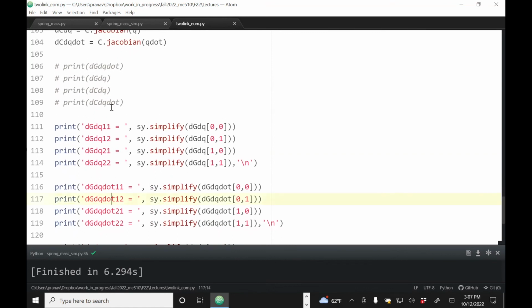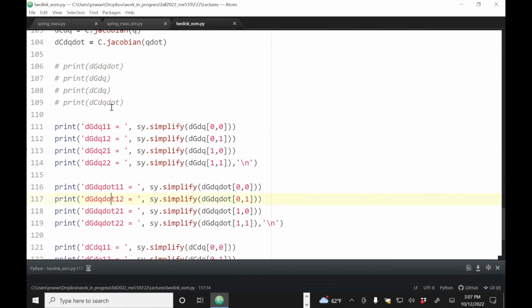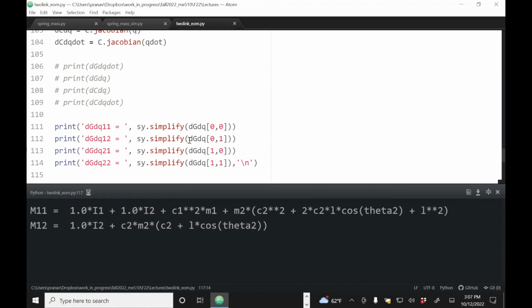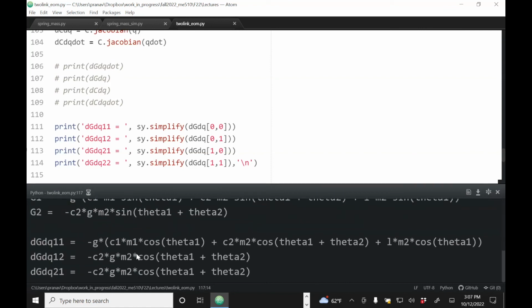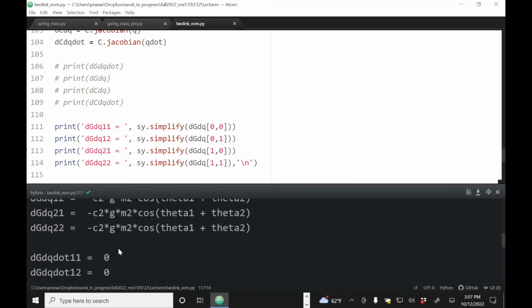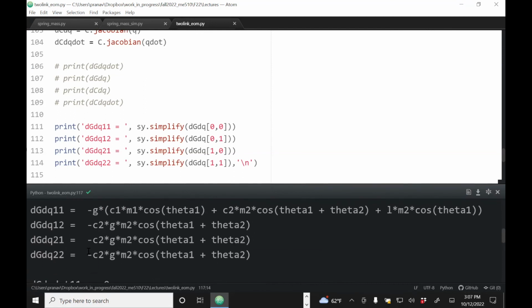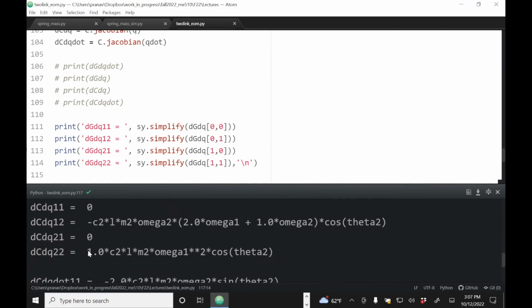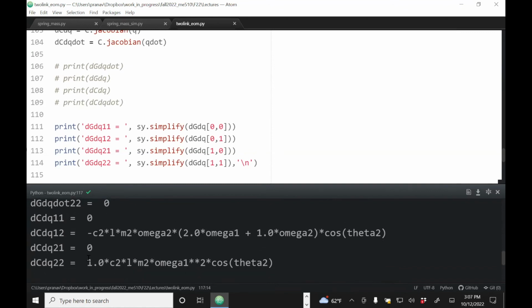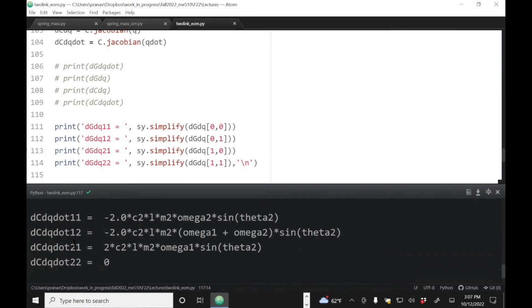Okay, so run this first. It gives all these things which were there before, but the extra thing is these. You can see that dG/dQ is not 0, but all the other terms are actually 0. dC/dQ is not 0.